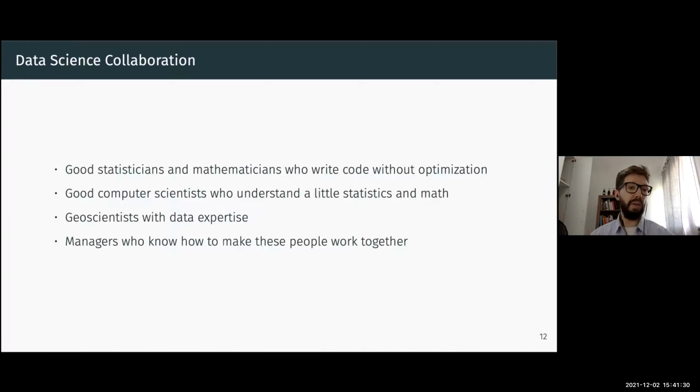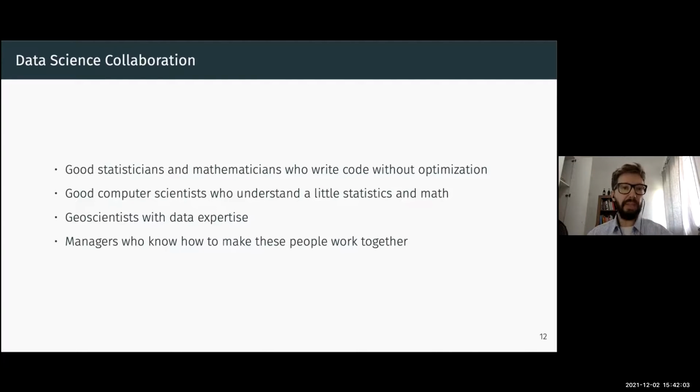So I need a good computer scientist to optimize my code if I need to go to production or something more scalable. Usually I can write code for small data sets, but when you go to a large data set, the performance is not good. So a good computer scientist can solve this problem, but usually they know little about statistics and math.